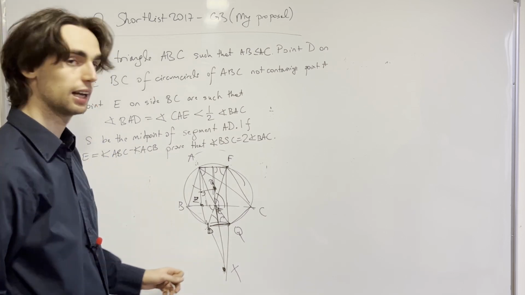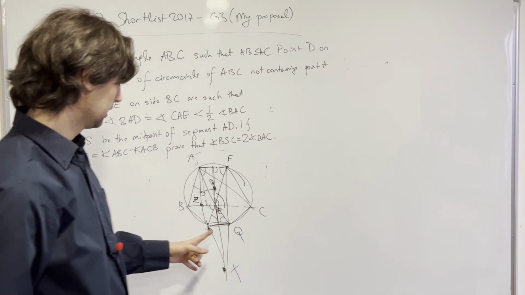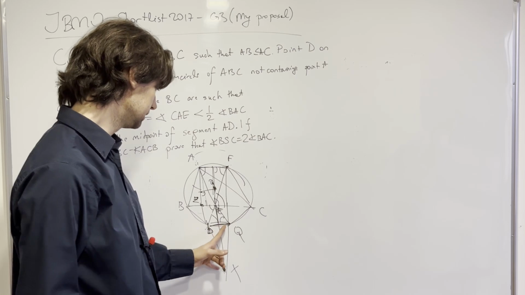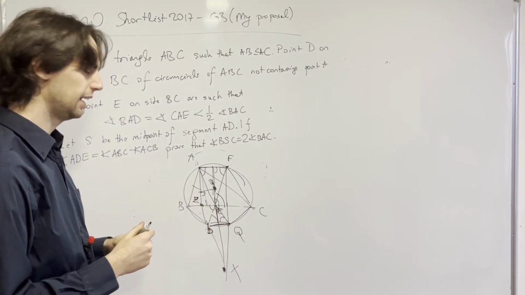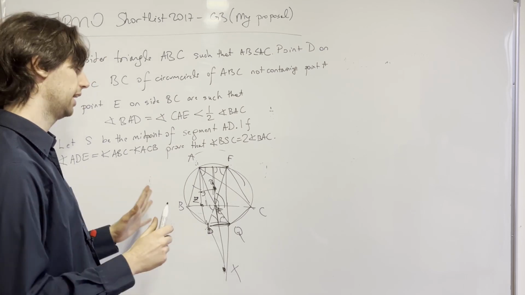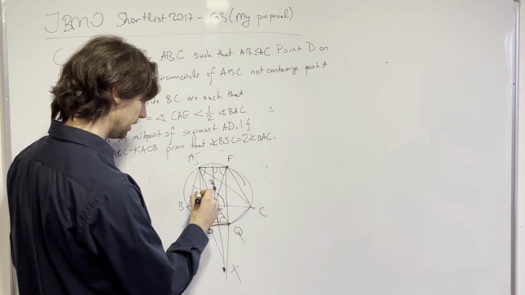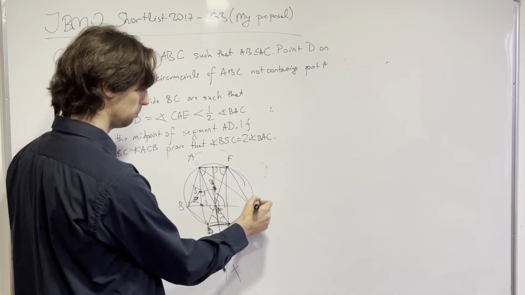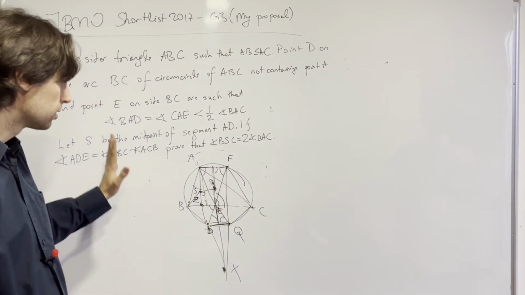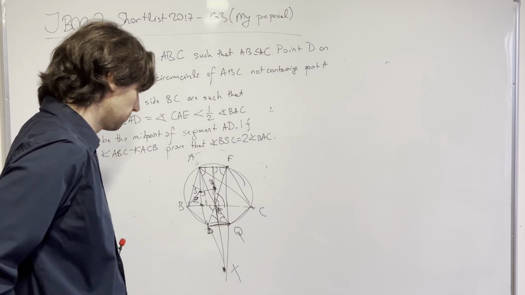This intersection is X. I have that Z, so first, what is it that I have from here now? I need to prove that these 4 points are concyclic. And that is what I intend to prove.